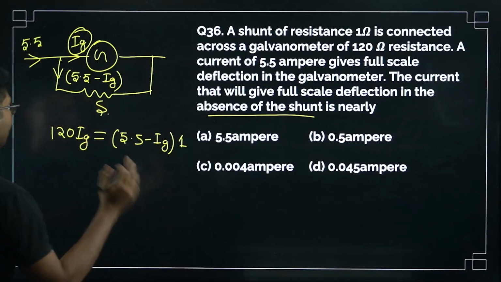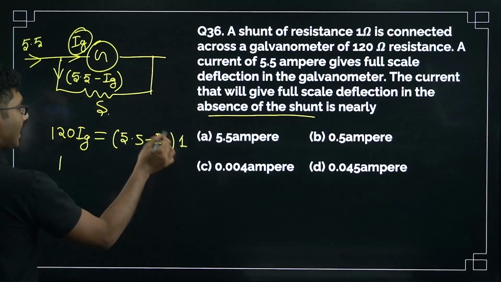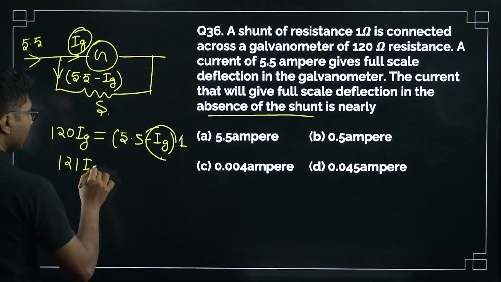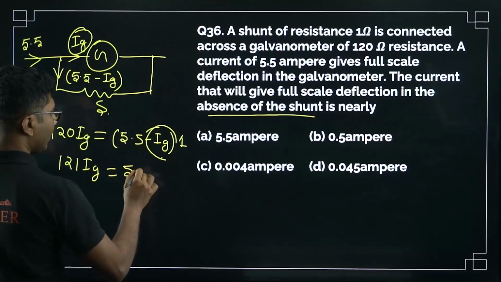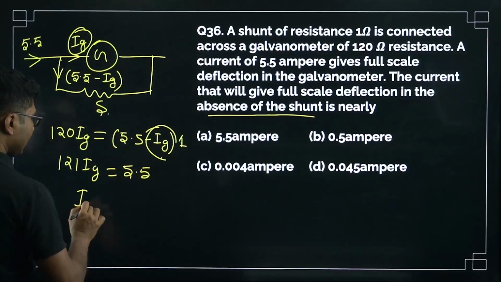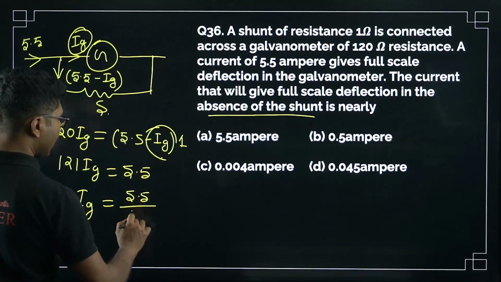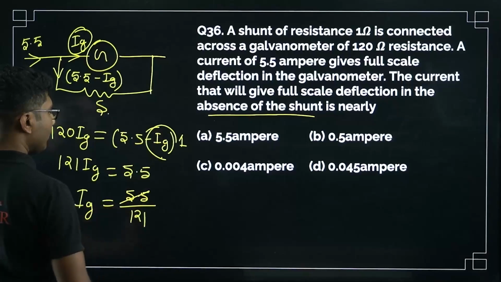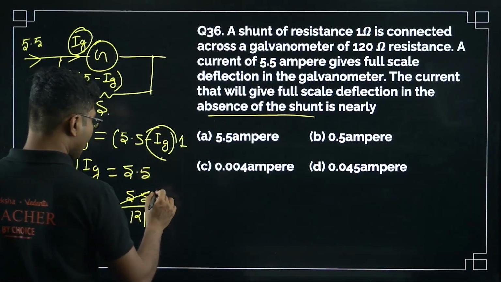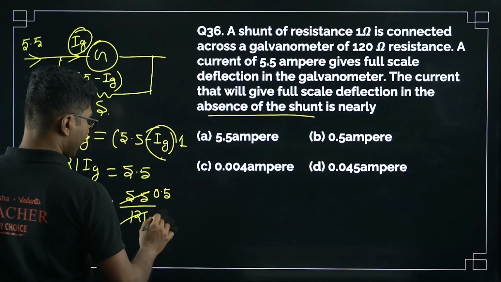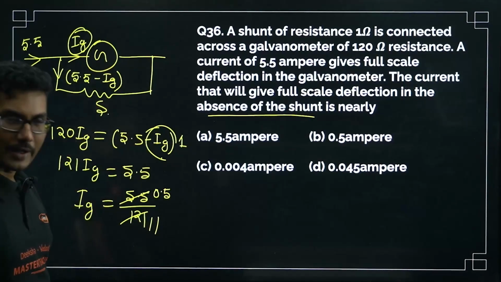Now you have to simplify this. The minus Ig will come to this side, so 121 Ig equals 5.5, or Ig equals 5.5 divided by 121. If you cancel it with 11, it is 0.5, since 0.5 into 11 is 5.5.